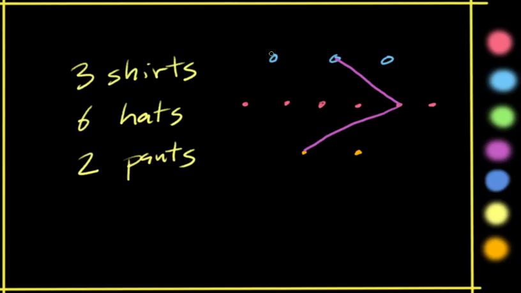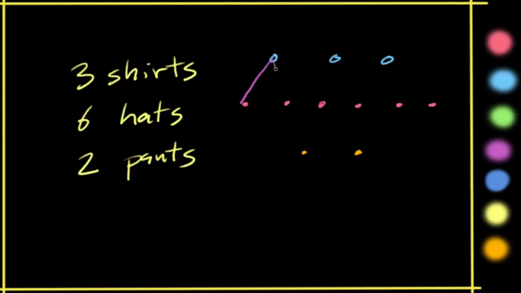Now I could do the same thing with shirts and hats, right? There would be 6 with this shirt, 6 with this shirt, 6 with this shirt. So if I just had shirts and hats, it would be 3 times 6 instead of 3 times 2. So that would be 18. Let's draw all those 18.